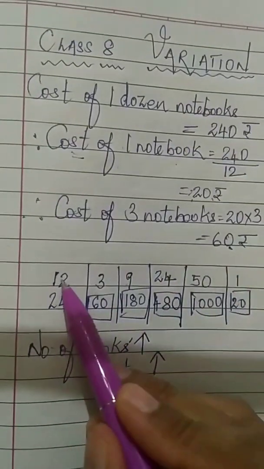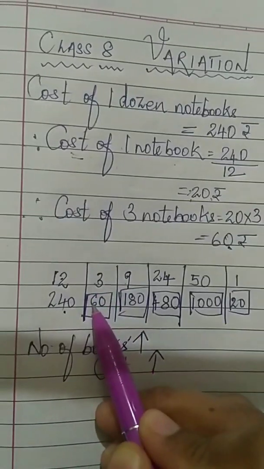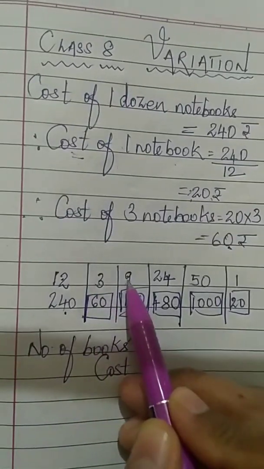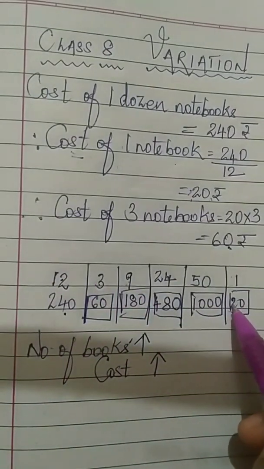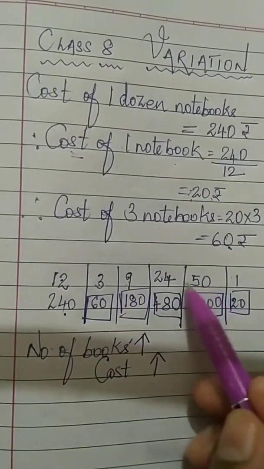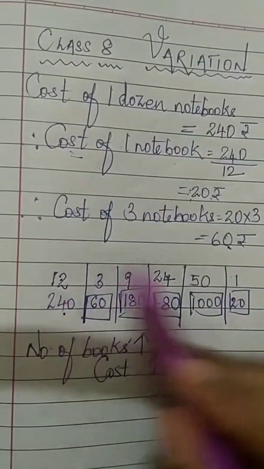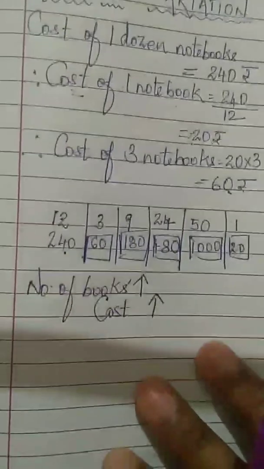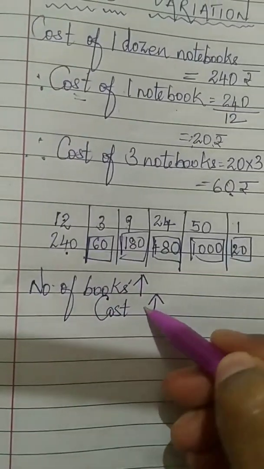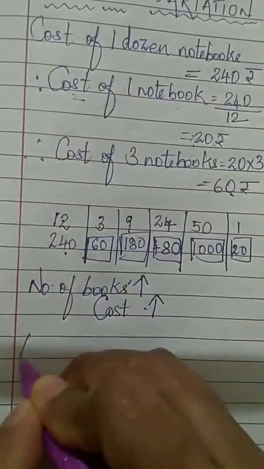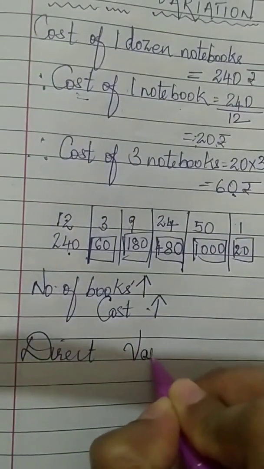Just see here, 12 books 240, 3 books 60, 9 books 180. Least number, 1 book is costing only 20. As the number of books increases, the cost is also increasing. When one quantity increases, the other quantity also increases. You call it direct variation.